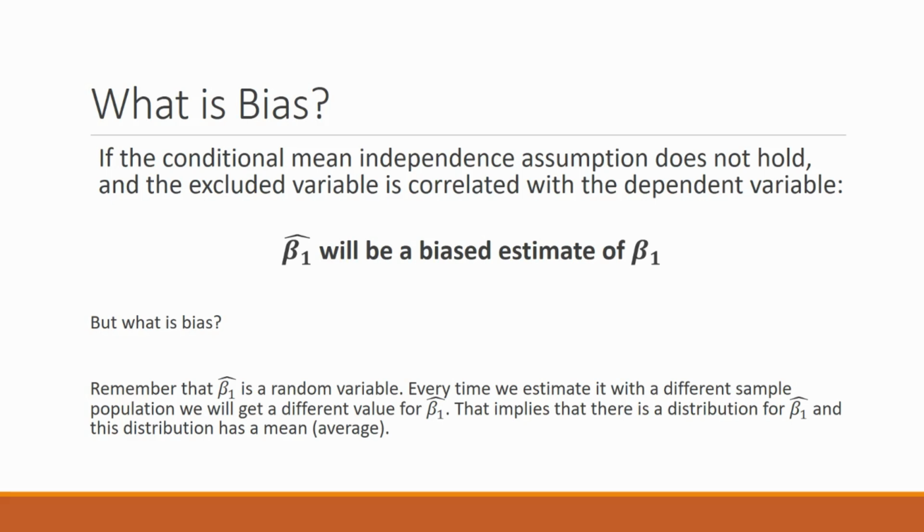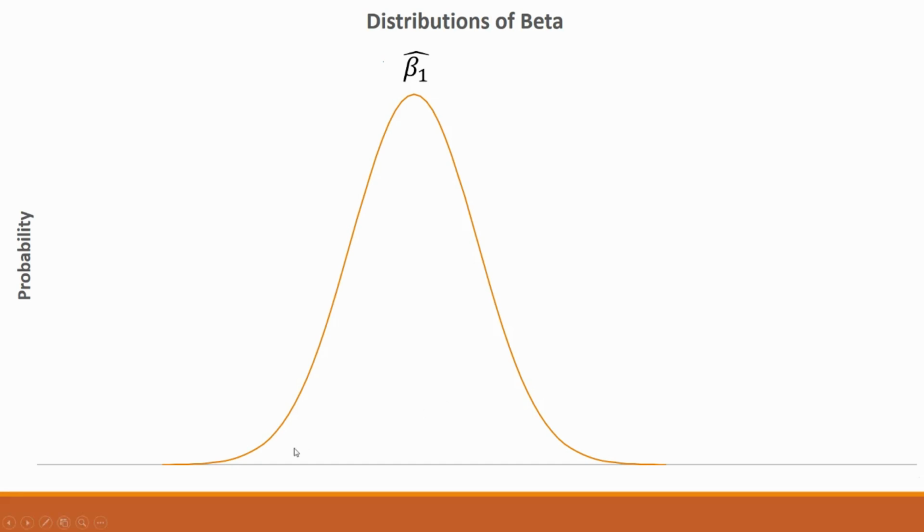If you remember that, beta 1 hat is very much like that sample mean. Every time we estimate our regression model with a different sample, we will get a different value for beta 1 hat. This implies that there is a distribution for beta 1 hat, and this distribution has a mean and a variance, which we'll talk about later or in another lecture. So let's just imagine we have a distribution of beta 1 hats.